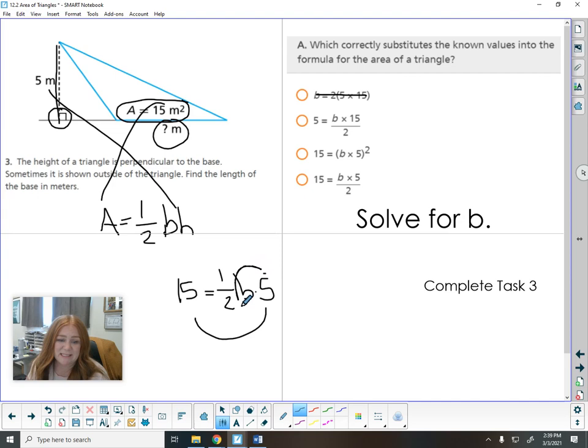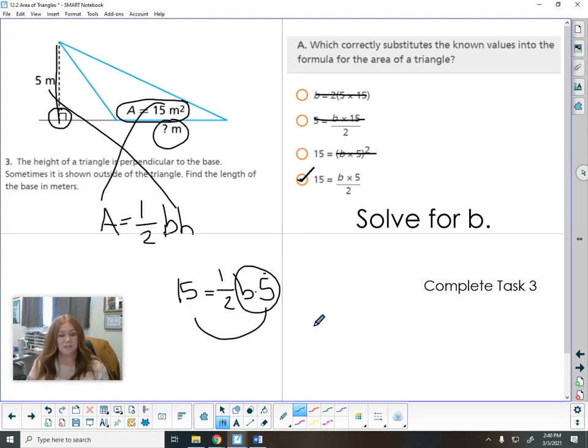No, we want base times 5. So that's not it. Okay, base times 5, that sounds good, and then they squared it. We don't want to square it. We want to cut it in half, not square. So let's try this one. Base times 5. We times by a half, which is cutting it in half. They divided it by 2, same thing, equals 15. So this one here is the only one that makes sense.